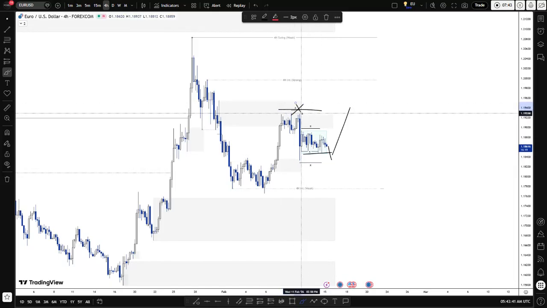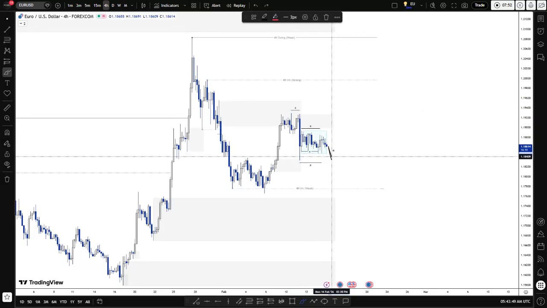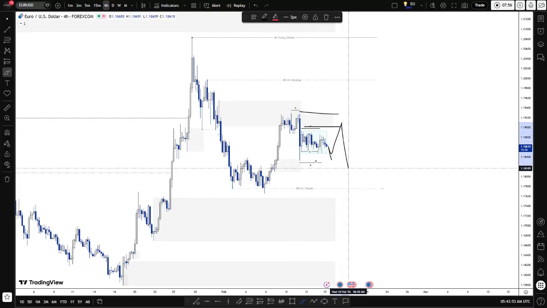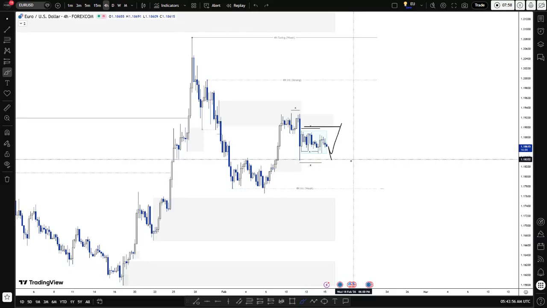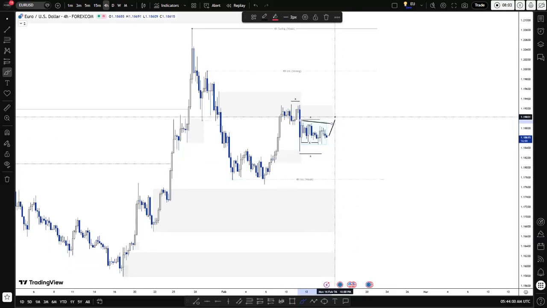There's still buy side liquidity above this fractal high, which price could target on the way up. But the move that I'm expecting is either liquidation of these lows, then price to mitigate this supply, and after mitigation of the supply, price to target the low, or price to push up, liquidate these highs, then after that we could see price target the lows.